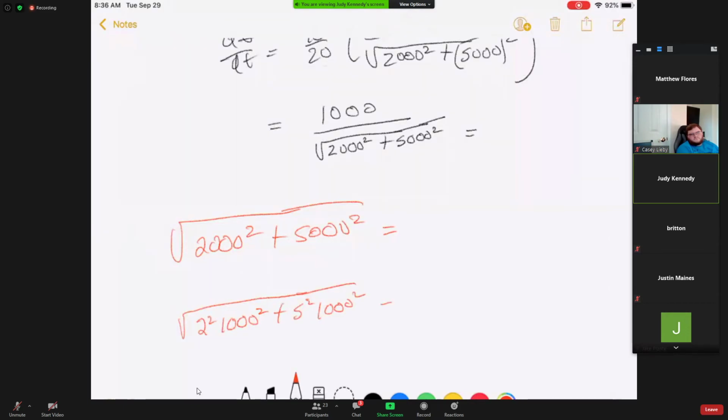And that is 4 plus 25 is 29, times 1,000 squared, which is the square root of 29 times the square root of 1,000 squared, which is the square root of 29 times 1,000.